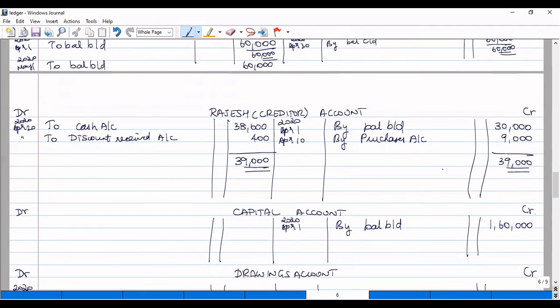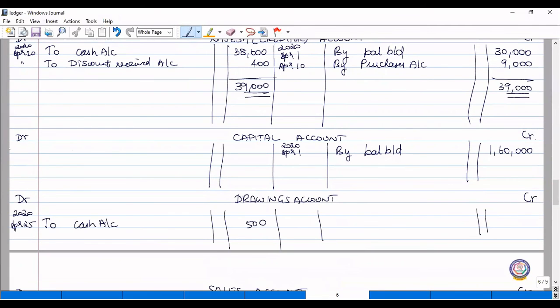Next comes our capital account. Capital account on April 30th will have balance carried down as 1,60,000. Mention the total, and this will be the opening balance for the capital account on May 1st.